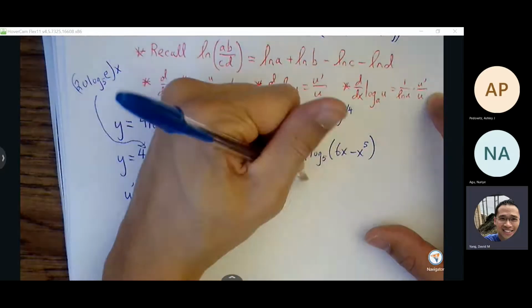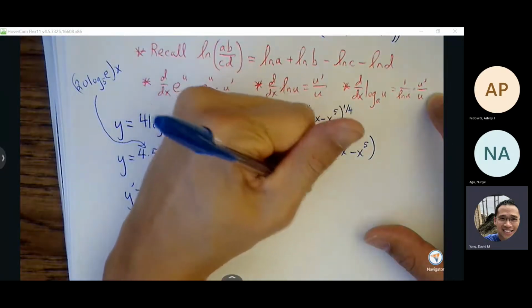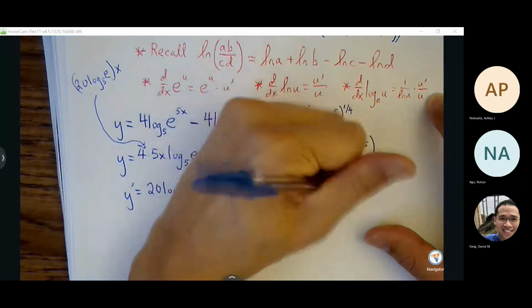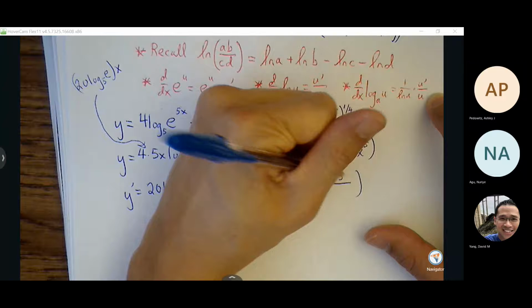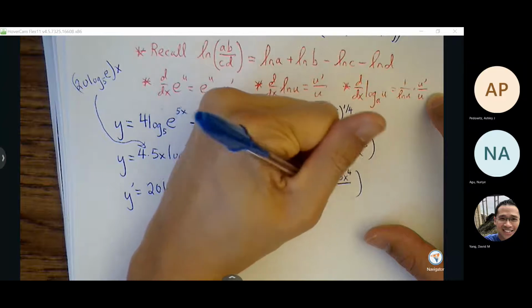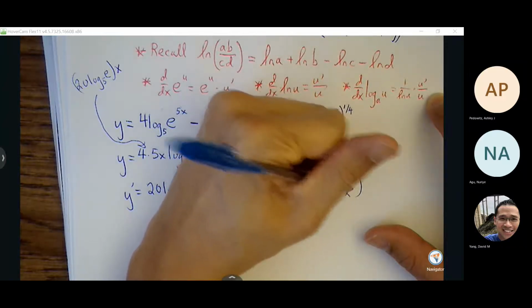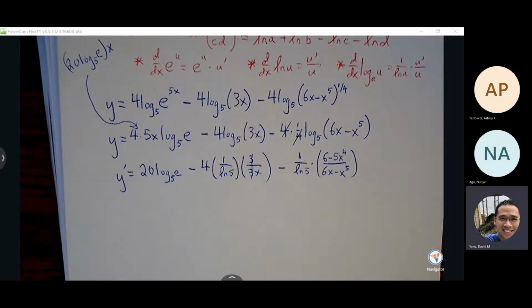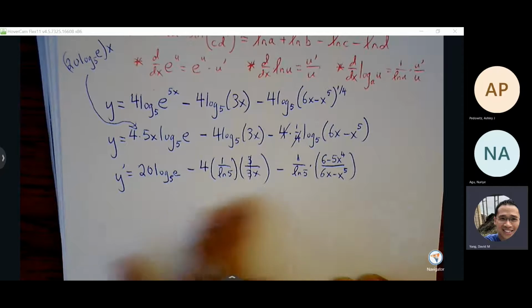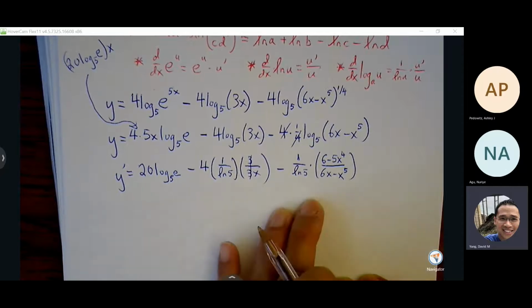The 4's go away. We have 1 over natural log of 5, and then u prime over u. I think that's basically it. We can rearrange things a bit, but we basically have our derivative.